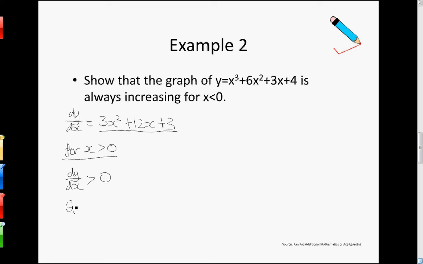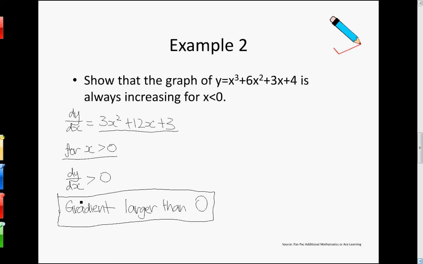It means the gradient is always larger than 0. Right? So when my gradient is always larger than 0, there is no way for my graph to ever decrease, because my gradient must be more than 0.